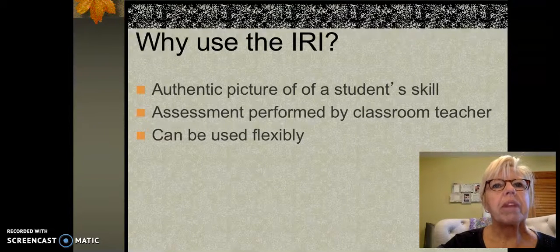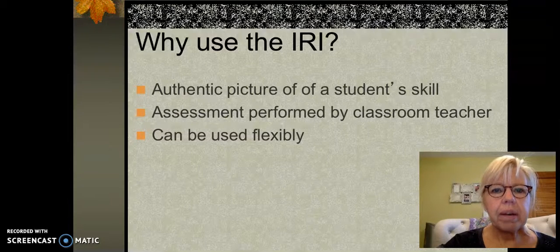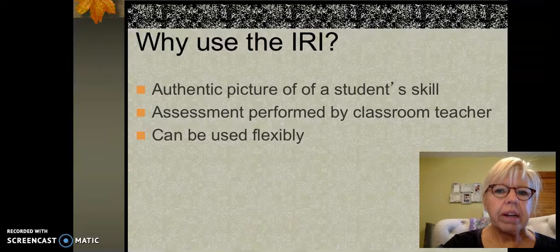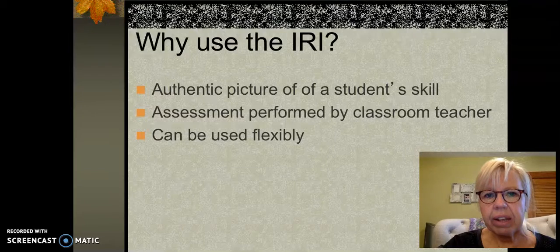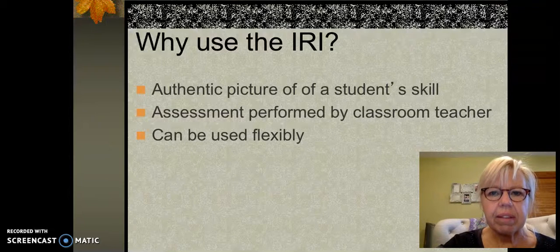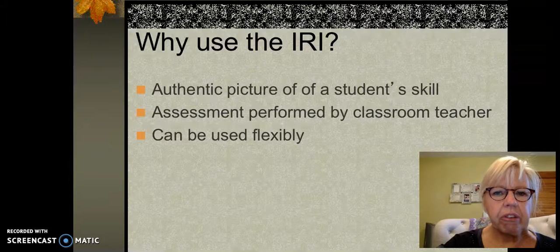That makes no sense at all if you're trying to get a picture of their true reading ability and figure out what exactly the barrier is. If you don't listen to someone read orally, you cannot determine that word recognition is not an issue. You must listen to them read orally to make that determination.